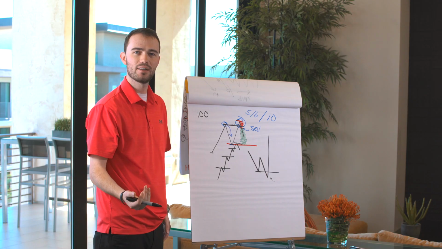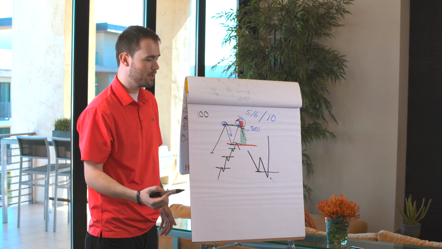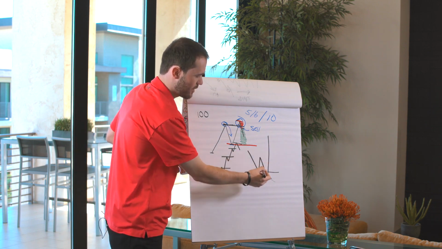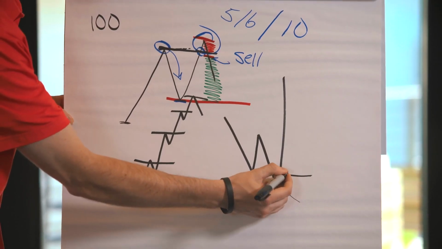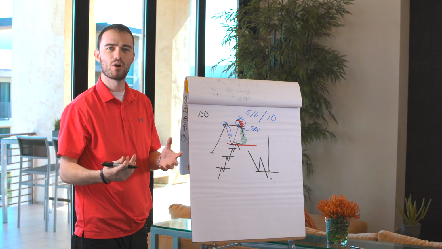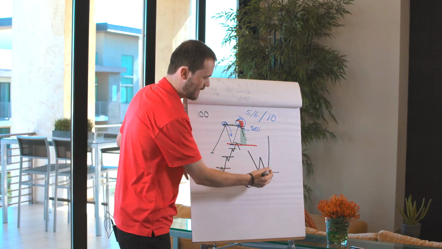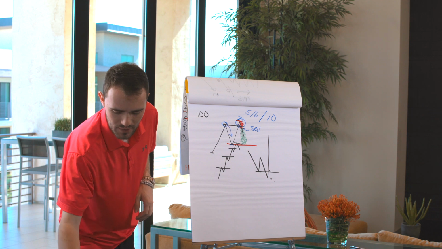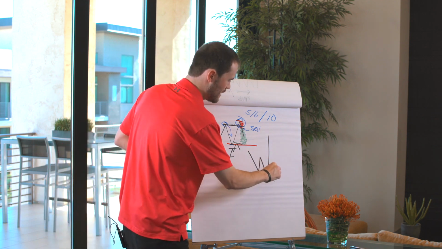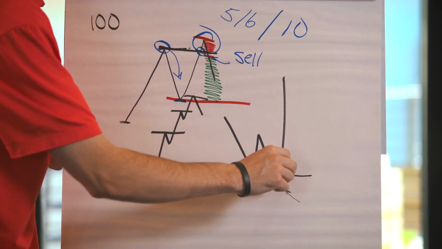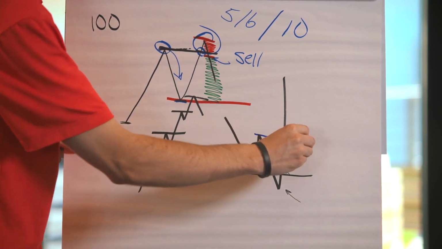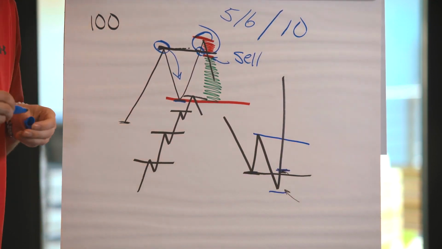Buyers come into play, they take over the market. When buyers come into play and they take over the market, entry happens here once the market is closed over that line. And again, if we draw this all out, entry at close, take profit here, stop loss here.